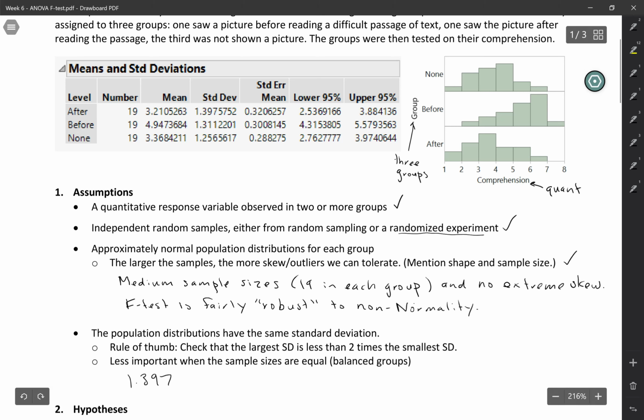And that's not even close to being twice as big as the smallest one, which is 1.256. Another thing to consider is that this assumption is actually a little bit less important when the sample sizes are equal. So when you have balanced groups like we have here, 19 in each group, the standard deviation is not as much of a concern. So I would say this one is definitely met.